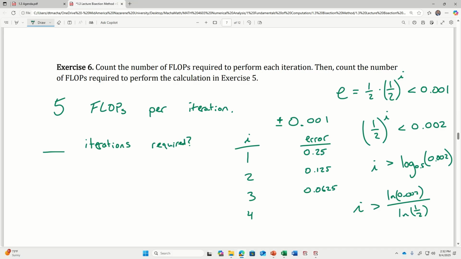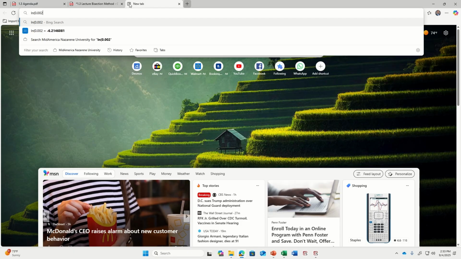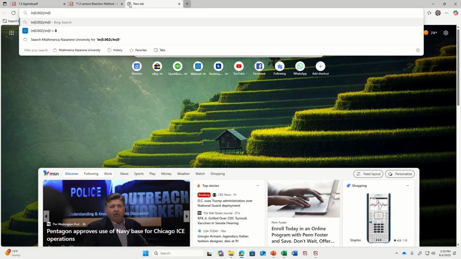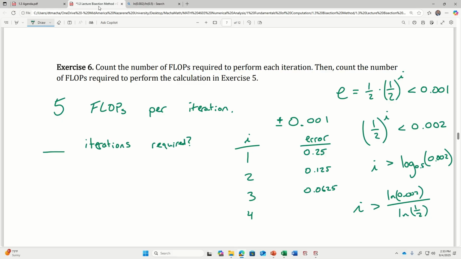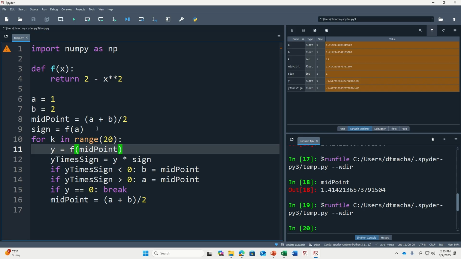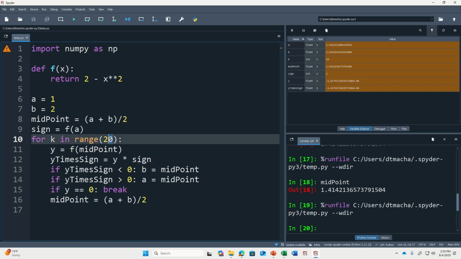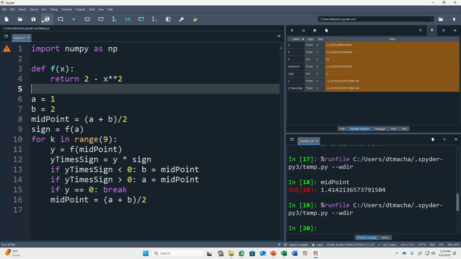Okay, so I'm looking for a number of iterations that's as small as possible, but still greater than the natural log of 0.002 divided by the natural log of half. So let's take that. 8.965. So after 9 iterations, I should get to my desired level of accuracy. In our Python code, we went ahead and did like 20 iterations, but it turns out I only needed 9 iterations to get there.